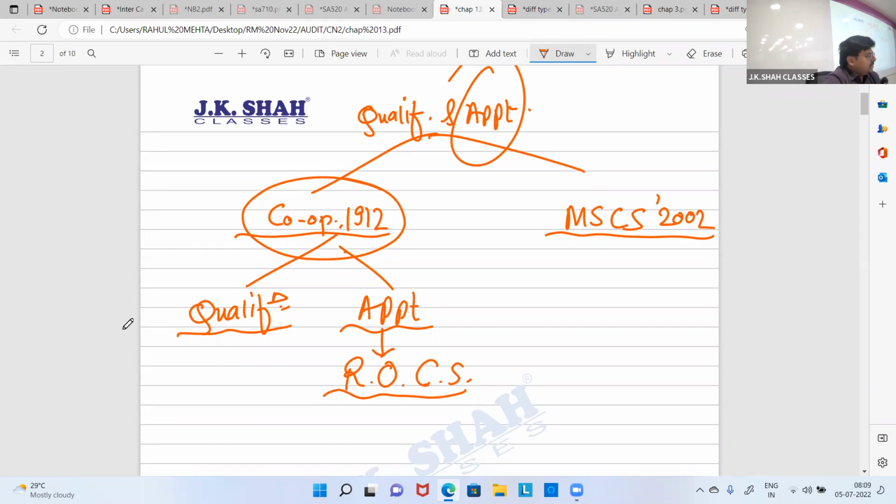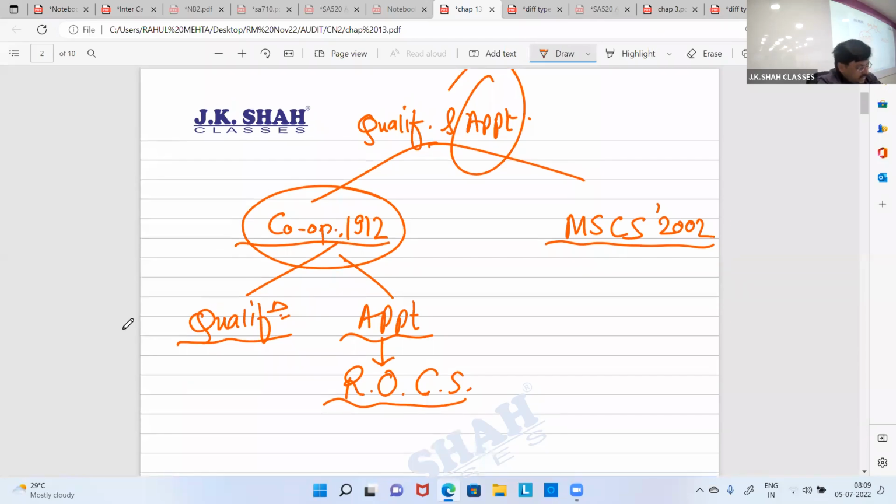Qualification done. Appointment: appointed by the Registrar of Cooperative Societies, report submitted to ROCS and the society. Fees paid by the society, decided by ROCS according to the level of the society. Is this much okay?